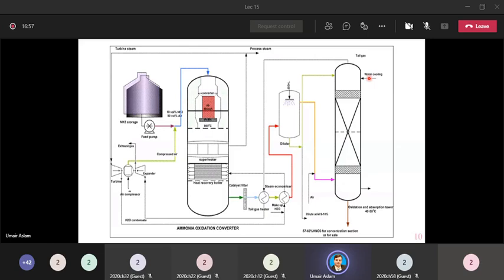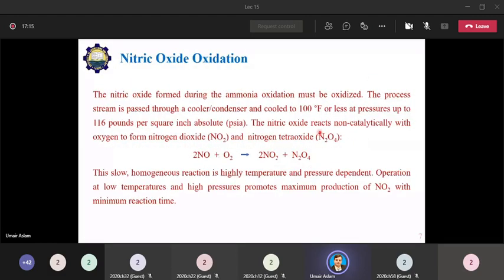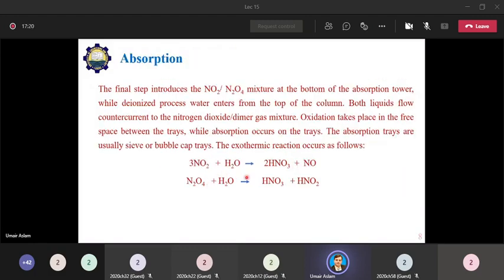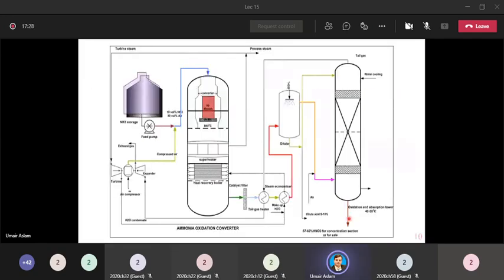This downcoming water will absorb NO2 and N2O4 and will convert these gases into nitric acid having a concentration of 57 to 60%. फिर ये जो डाउनकमिंग वाटर है, ये NO2 और N2O4 के साथ रिएक्ट करता है and it forms nitric acid. So the nitric acid formed here is up to 57 to 60% concentrated.